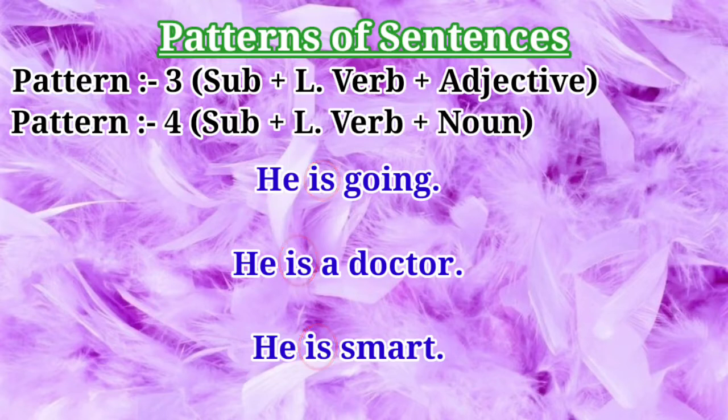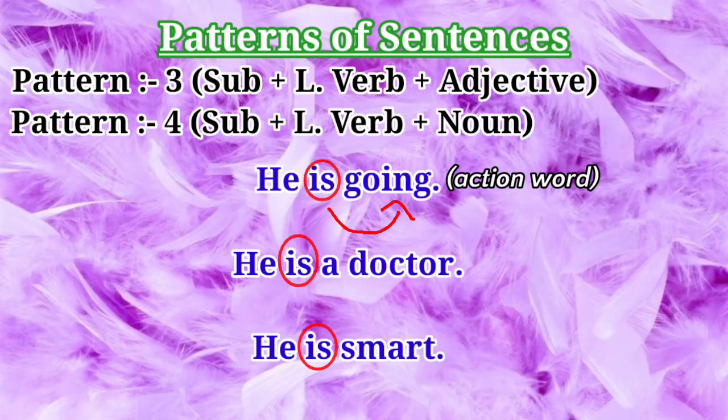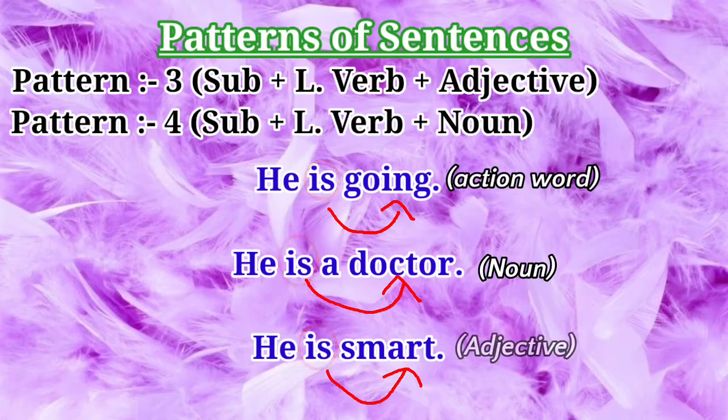Here, he is going. After is, we got the action go. So here is is the helping verb. But in the other 2 cases, after the general verb is, there is a noun like doctor and an adjective like smart, so that is said to be linking verb but not the helping verb.